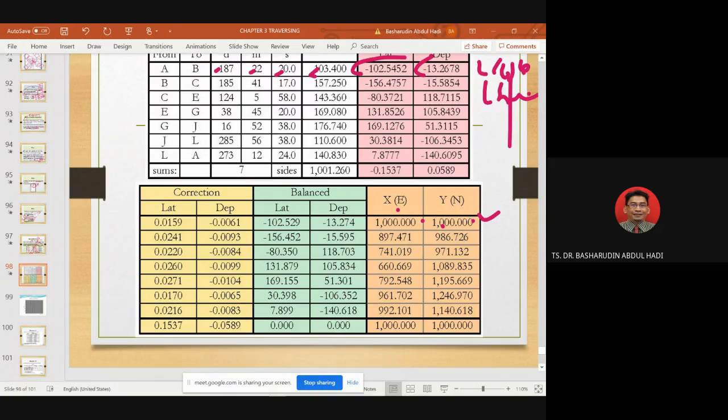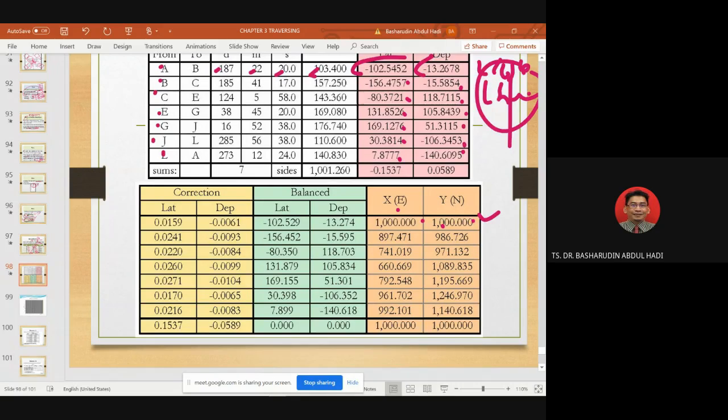All right. So you calculate for point A, B, C, D, E, F, G, and L using this formula, to get all the values here.